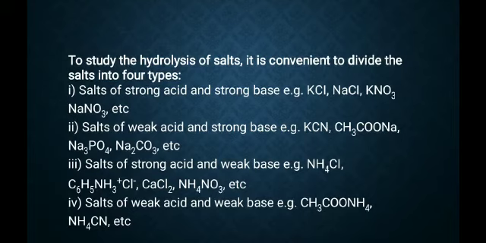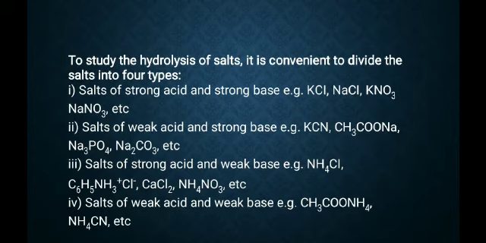To study the hydrolysis of salt, it is convenient to divide the salt into 4 types. That means hydrolysis of salt is divided into 4 types. First type is salt of strong acid and strong base. For example, KCl, NaCl, KNO3, NaNO3, etc. Second, salt of weak acid and strong base.